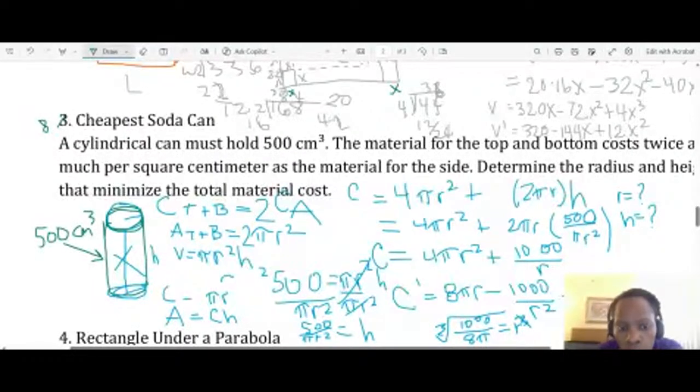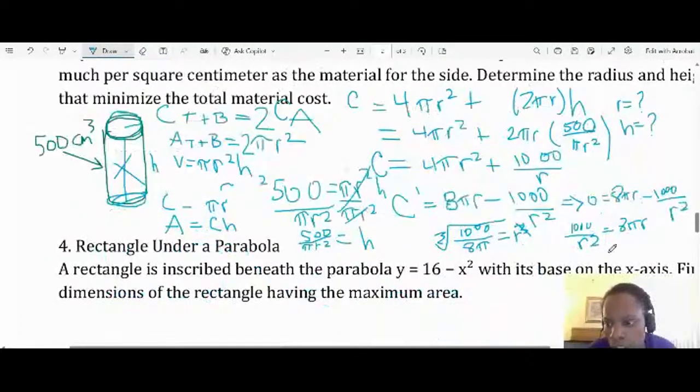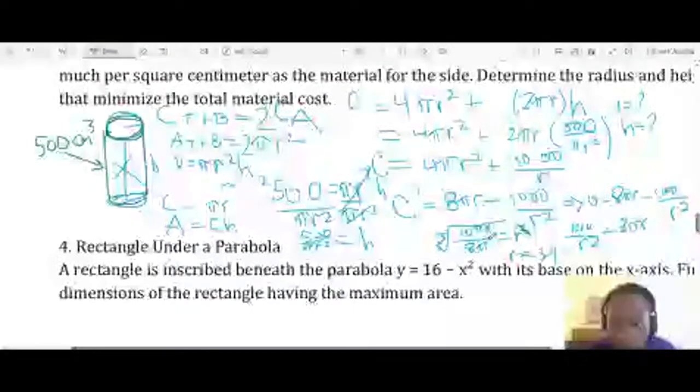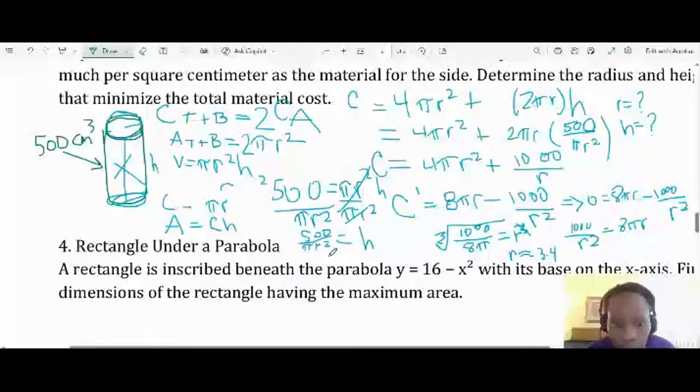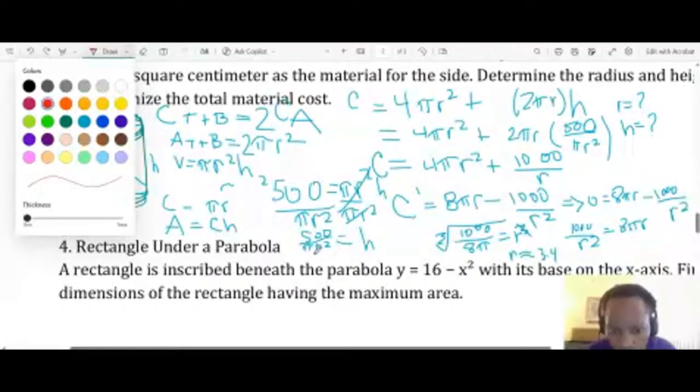Okay. So if you plug that into your calculator, you should get about 3 for R. Okay. So it's about 3.4. And then if you plug that back, let me just put R in here.